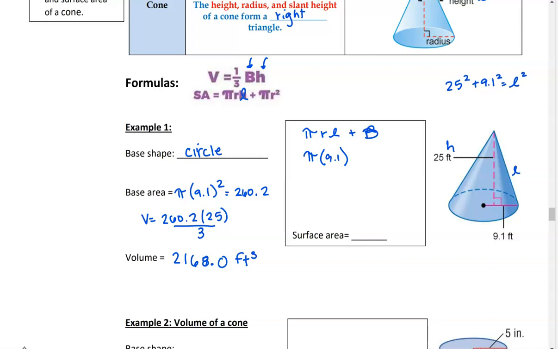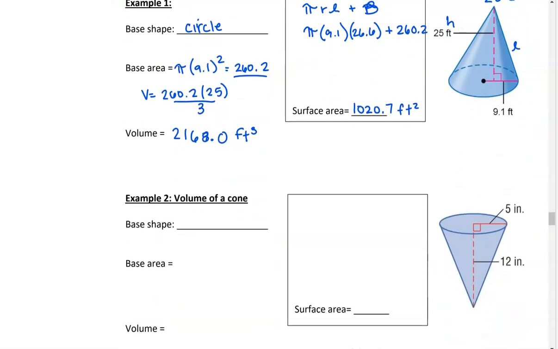So we add 25 squared plus 9.1 squared and then take the square root of that answer, which gives us a slant height of 26.6. That goes right here. Plus our area of the base, which we already found, 260.2. So we multiply pi times 9.1 times 26.6, then add the 260.2, which gives you 1,020.7 feet squared.